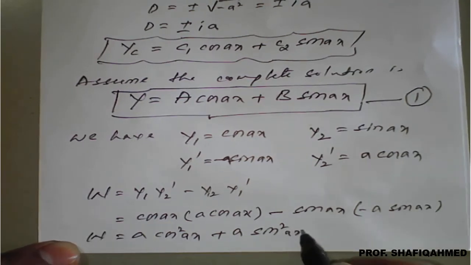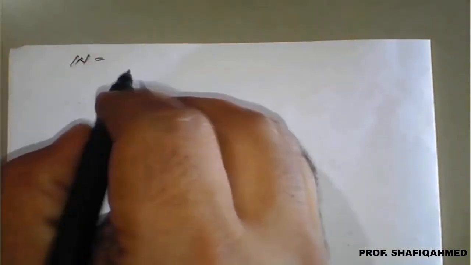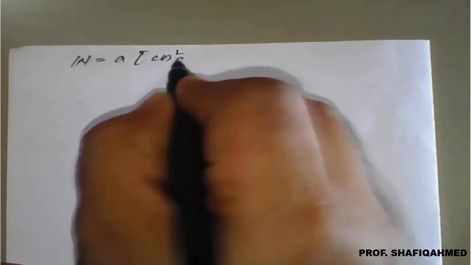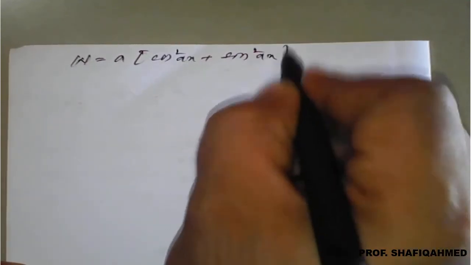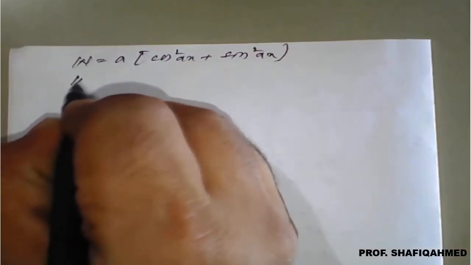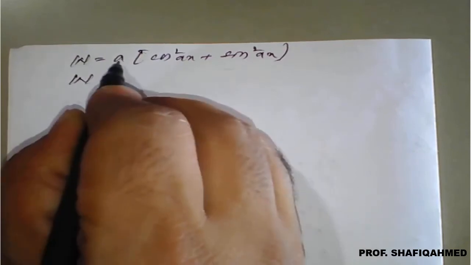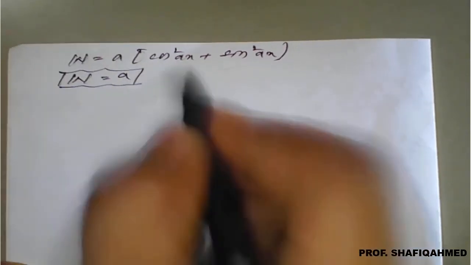Then W is equal to a times cos square ax plus sine square ax. This is the cos square theta plus sine square theta identity, which is 1. So a into 1 is a. So we got the W value.